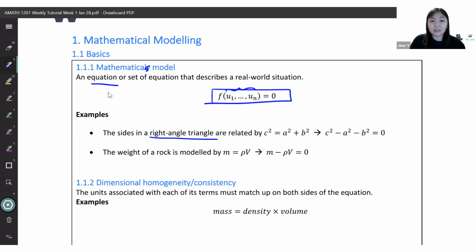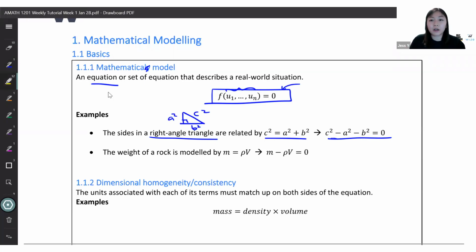So when you have a right angle triangle, we have c squared equals a squared plus b squared, right? Well, we could rearrange that, move everything to one side, and have the equation equal 0. That's why in the lecture notes and textbooks, they always have the function equaling 0. You're just moving everything to one side. And this relationship depends on 3 variables, c, a, and b, right?